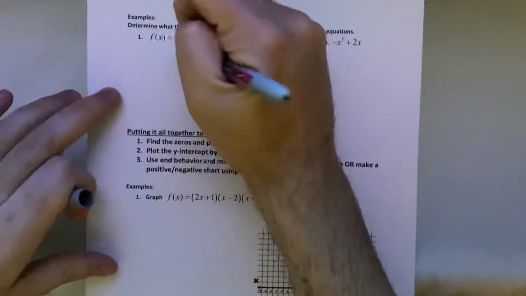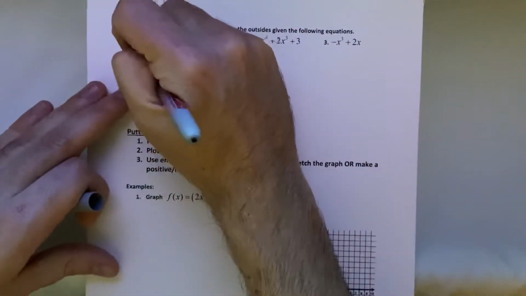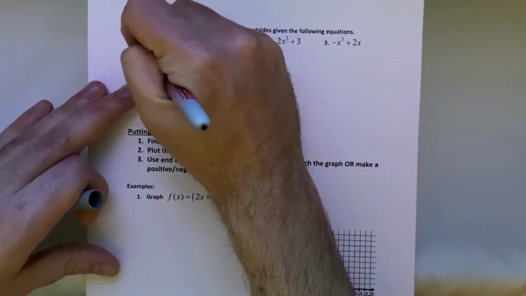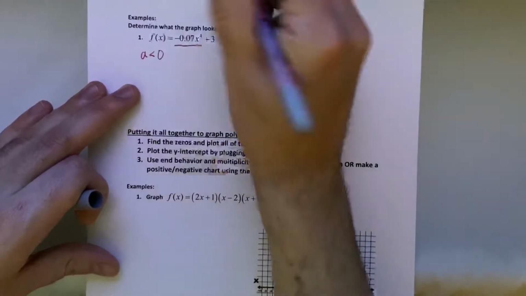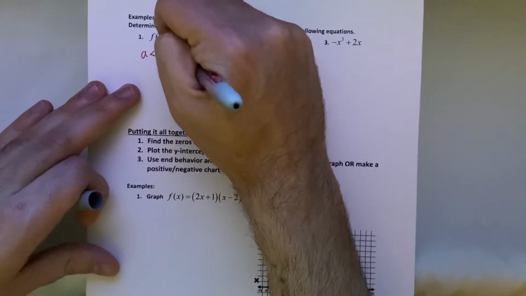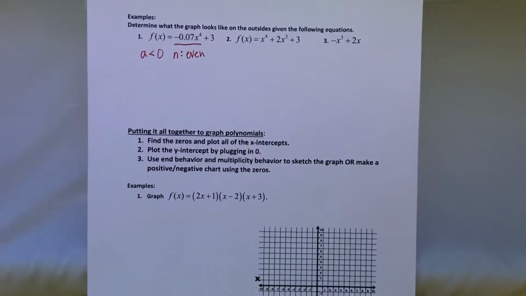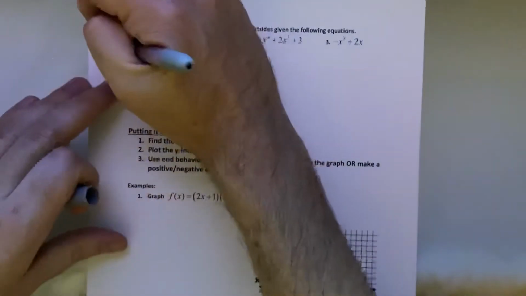So let's look at number 1. It's negative 0.07x to the fourth. So here, a is negative because there's a negative sign, and our degree, n, is even. Now, if it's negative and even, this means it behaves like negative x squared.